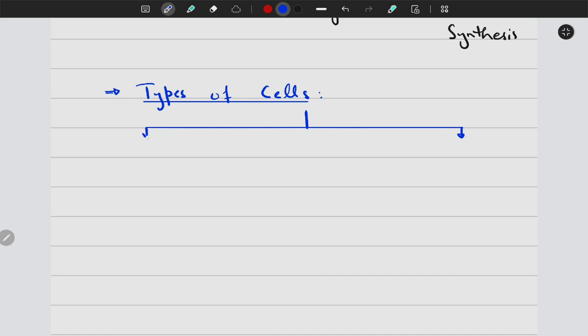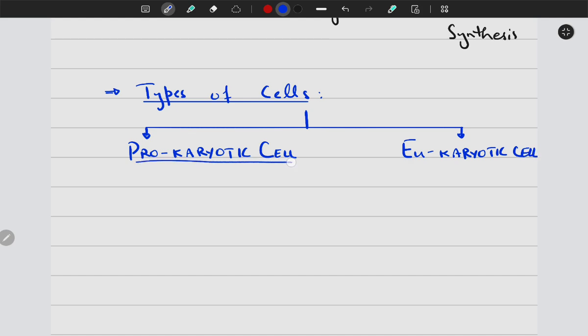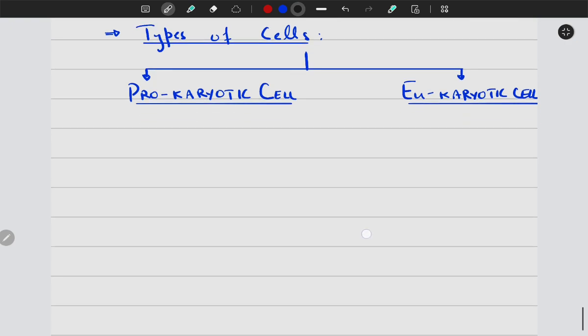Number one are prokaryotes, prokaryotic cells. And then eukaryotic cells. Please remember that. We will try to learn the difference between them.